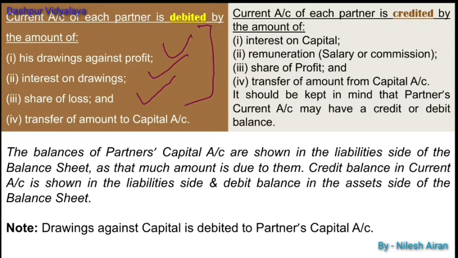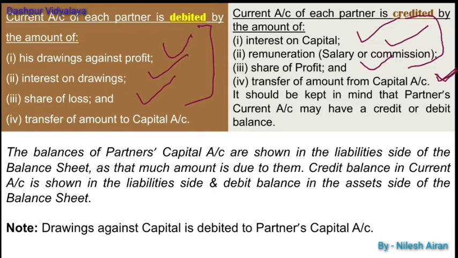So when the capital is reduced, that is debited, and when the capital is increased, that is credited. So providing interest on capital, remuneration to the partner, share of the profit or transfer will increase the capital of the partner. So these amounts are credited to the partner's current account.